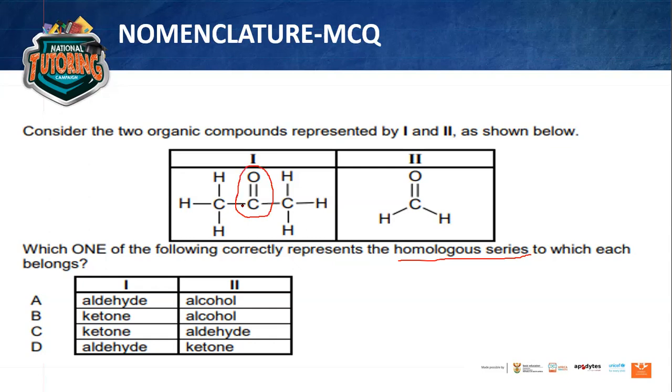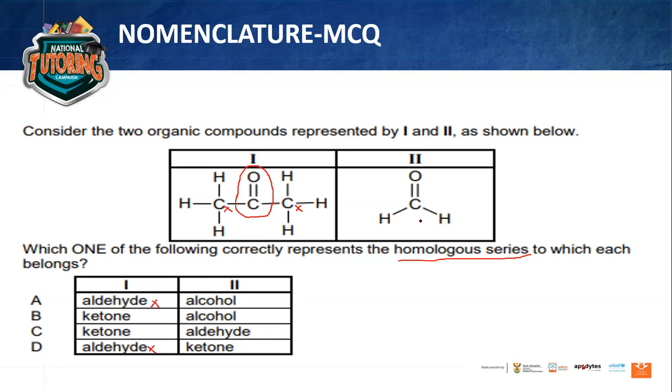And not just the carbonyl group, I get it between this carbon and this carbon. So this one becomes a ketone. So I just check my options quickly. One is a ketone. Already option A is wrong because they say it's an aldehyde. B is wrong because they say it's an aldehyde. It means my answer lies between B and C.